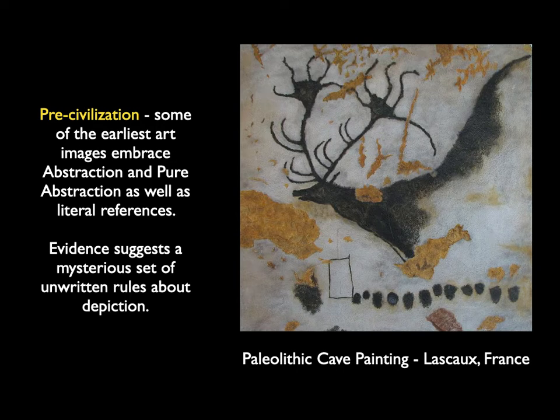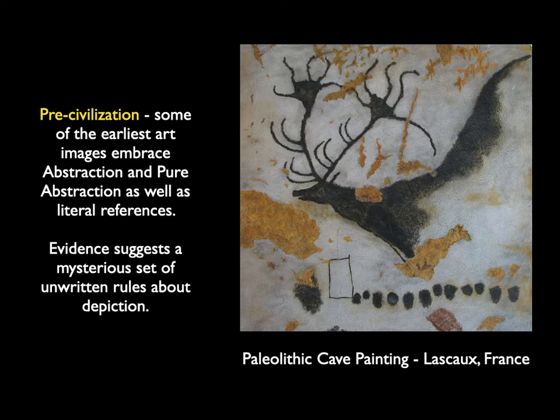I think the general impression among people is that abstraction is a newfangled product of modern art, and really nothing could be further from the truth. Some of the earliest images that we have record of embrace this concept of abstraction and pure abstraction, as well as being literal references to things.